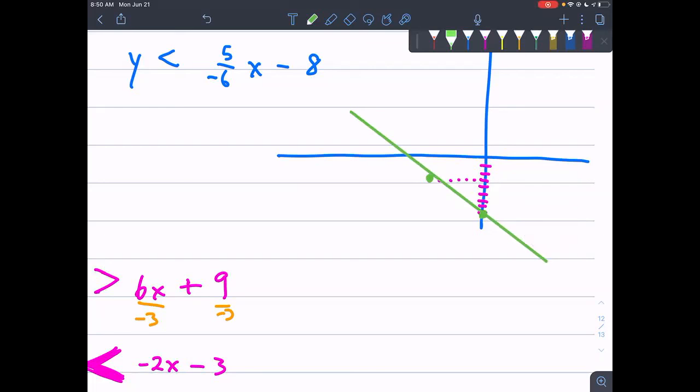Okay, I was going to see if anybody was going to catch that. Yes, it does have to be a dashed line. I may not be able to make the little dashes, but it should be dashed. So I'll just do it like that. And then would we be shading above or below?